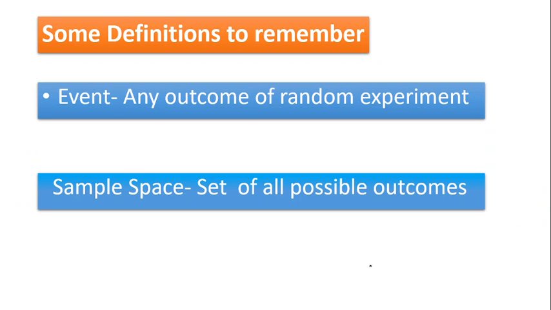Proceeding further, we have to study some definitions. Here the term event. What is an event? Any outcome of a random experiment, or we can say a random experiment is known as an event in terms of probability.